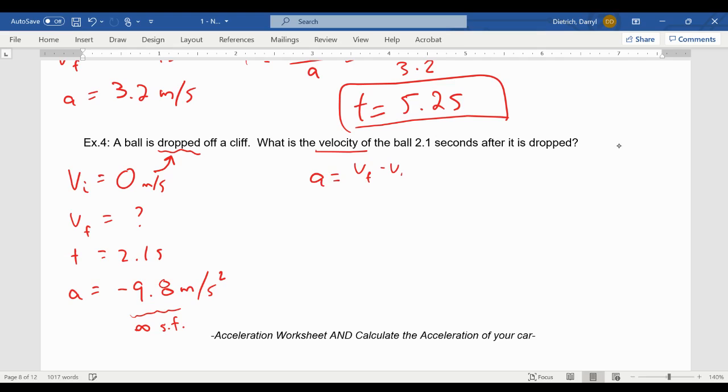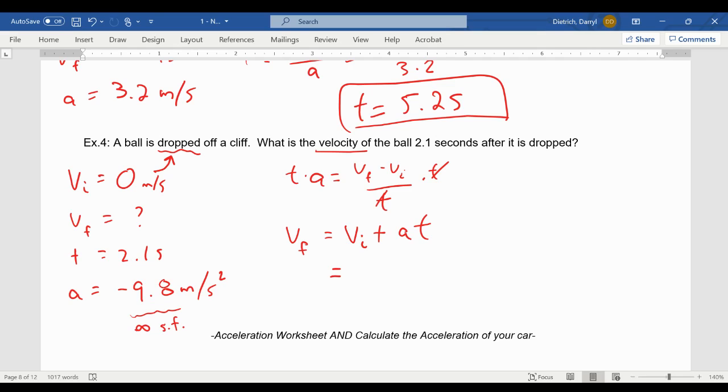So with the acceleration formula, we're going to solve for VF. To do that, I'm going to multiply both sides by time and add VI to both sides as well. So the other side becomes VI plus A times T. I show it like that because I think that's how it's shown on your formula sheet.